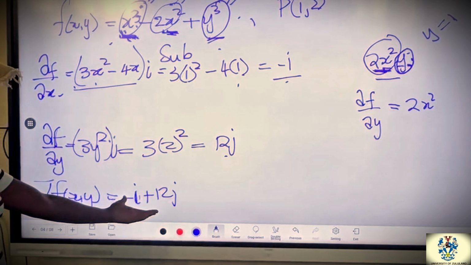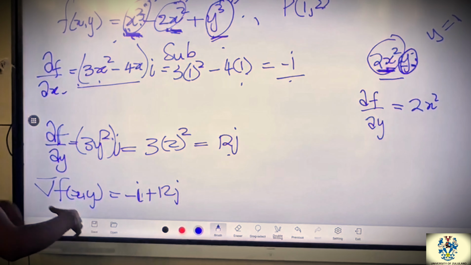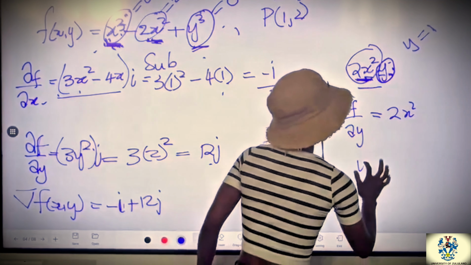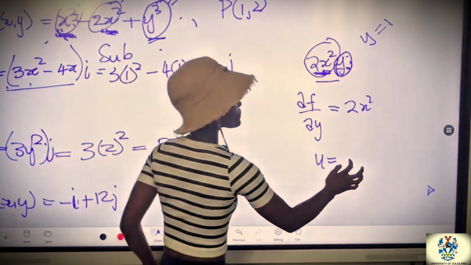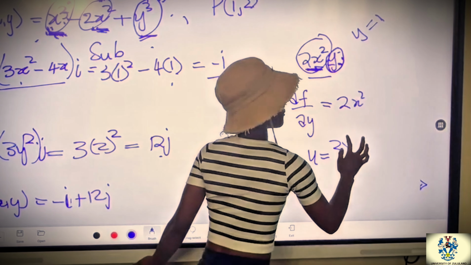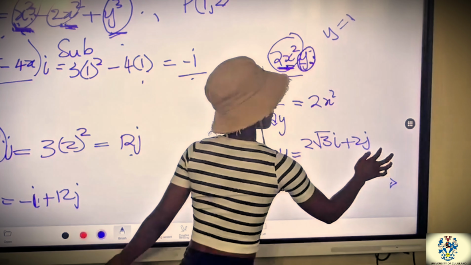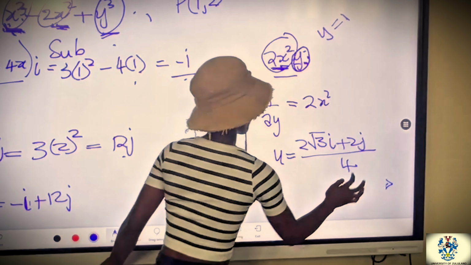What's next from here? We take our gradient and multiply it by the unit vector. Our unit vector is 2 root 3 i plus 2j all over 4.